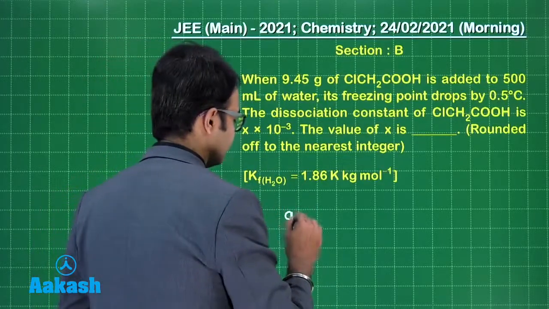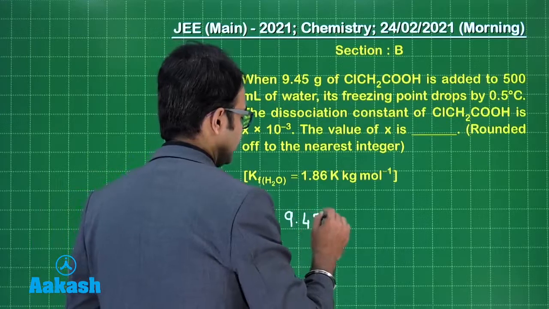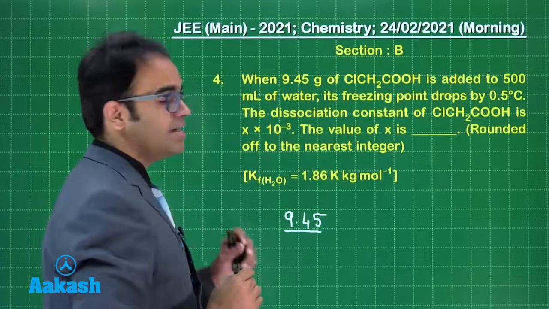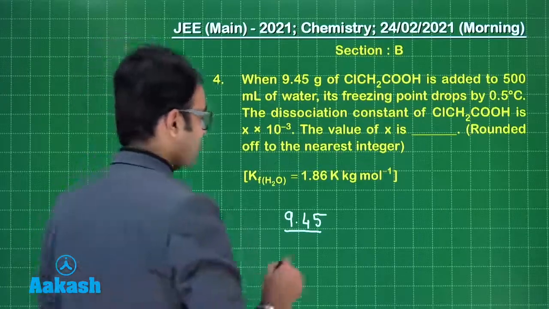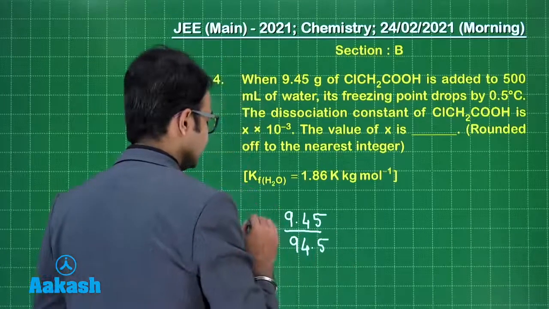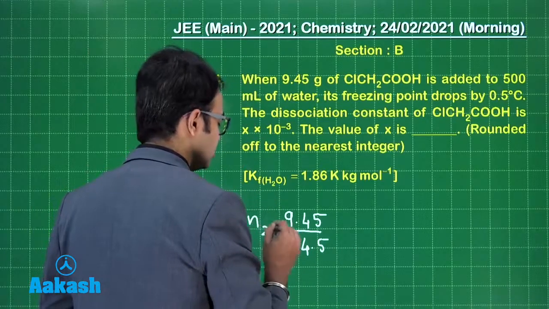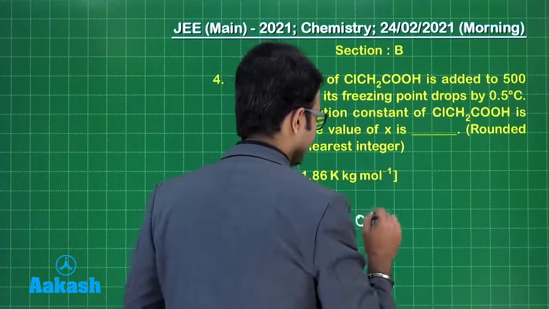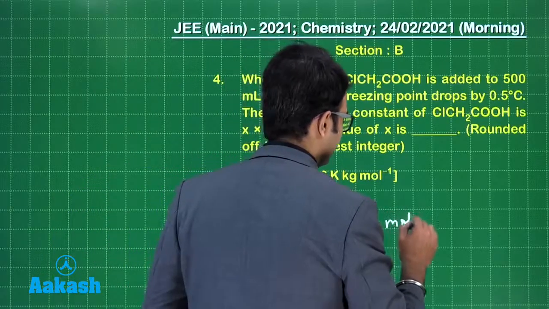9.45, right. The molar mass of acid over here will be 94.5. So once I get the molar mass, I can calculate the number of moles of this solute, that will be 0.1 moles.